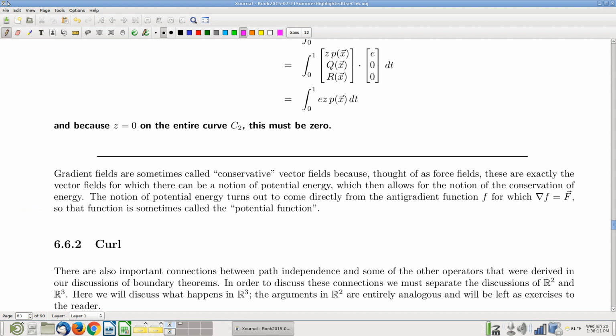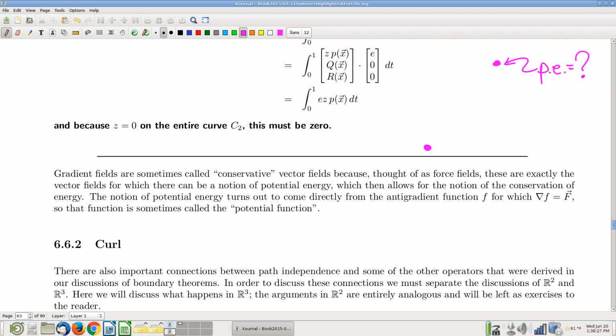Now, how would we define potential energy? Let's say at this point. Well, energy is what work is, right?